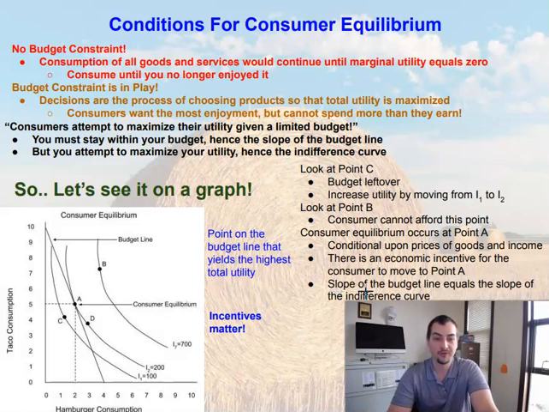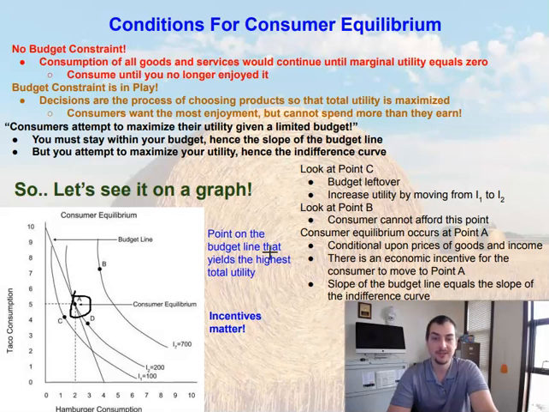The next thing we must note is that the slope of this budget line right here is equal to the slope of the indifference curve at point A. We see that the budget line and the indifference curve are equal to each other at point A. They are tangent to each other.